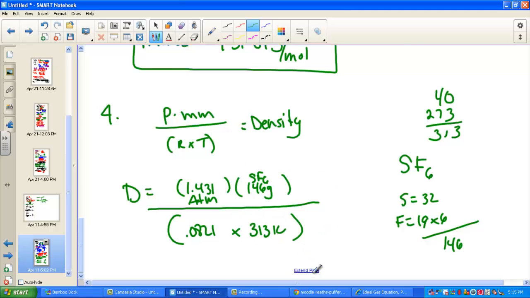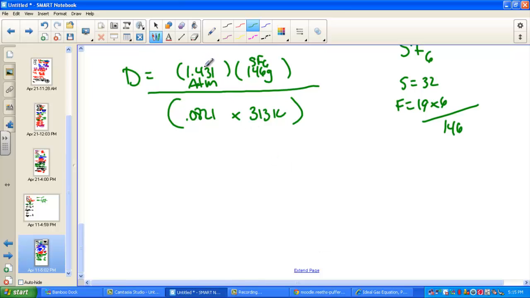Plug them in, churn out the density. 1.431 times 146 divided by the product, so use your parentheses, 0.0821 times 313. Density I'm finding is 8.13, so let's round a little bit, grams per liter of sulfur hexafluoride.